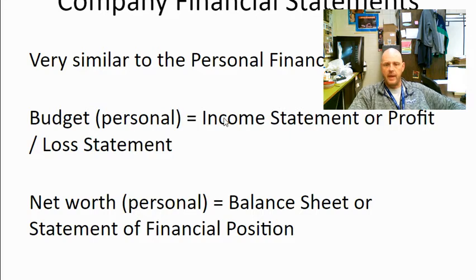So budget and income statement are looking at similar ideas, just one from a personal view, one from a company view. My net worth statement, again, things that I own of value compared to my total debts, compared to something called a balance sheet, which again would be the things I own, or we'll trade out the term and call it assets, to how much do I have in total debts, we'll call liabilities, and what's left for the owner.